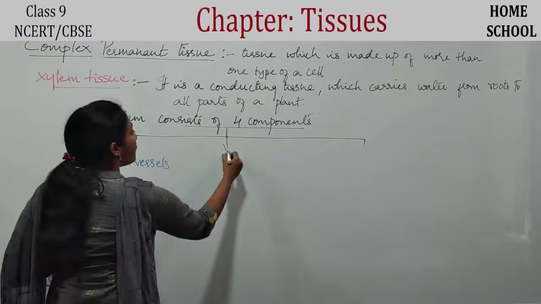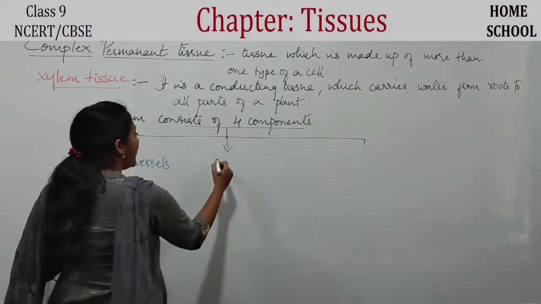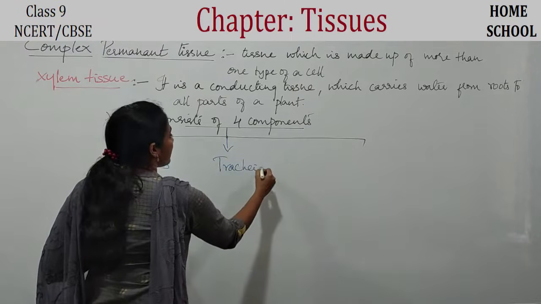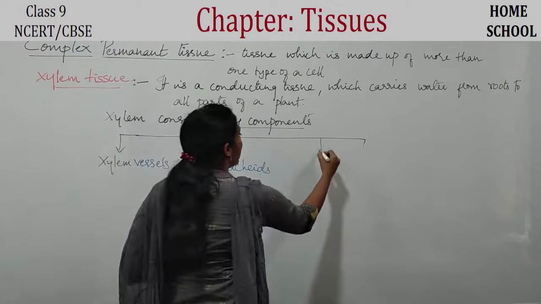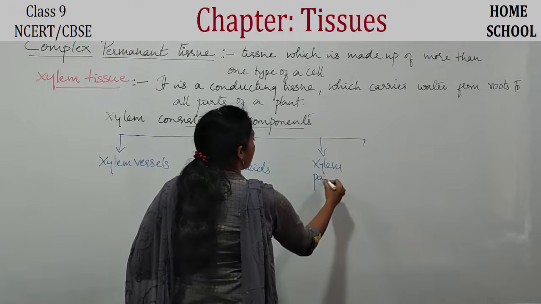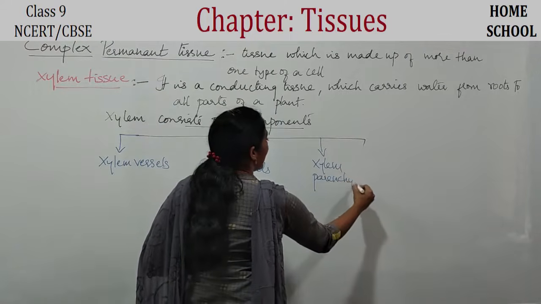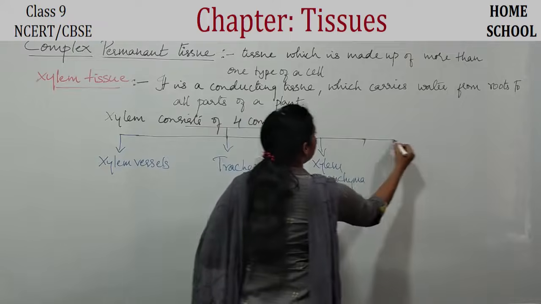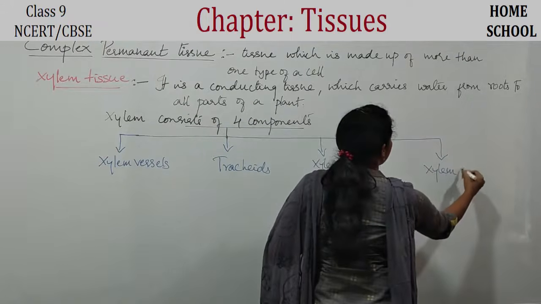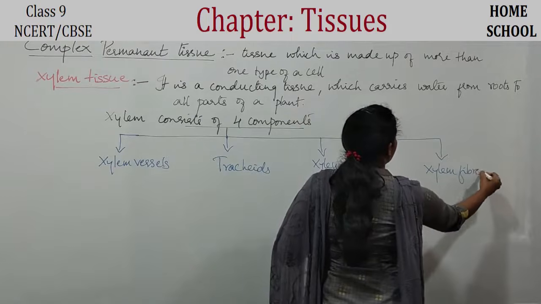Second type of xylem cells are called tracheids. And the third type is xylem parenchyma. And the fourth type is xylem fibers.